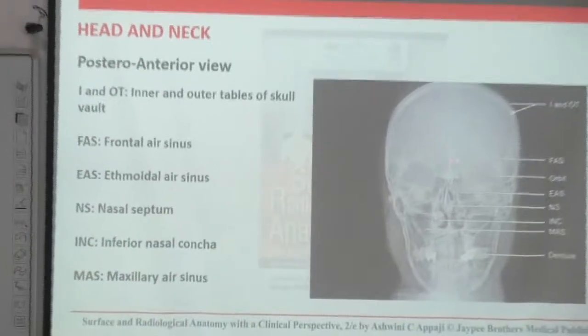Second, the presence of paranasal shadows. That means surrounding the nasal cavity, we have some additional cavities. We call them paranasal air sinuses. Those sinuses we have to look for in this skiagram picture. This anteroposterior view, we usually take to see the shadows present in this region.